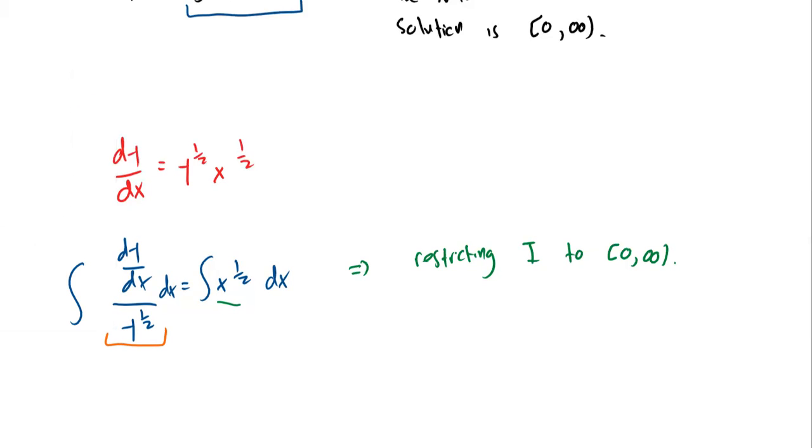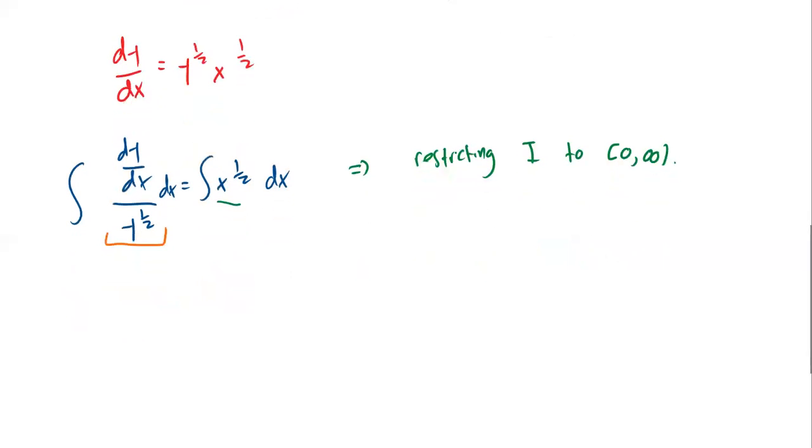I can't plug in 0 because I'd be dividing by 0, and I can't plug in negative numbers, because I can't take the square root of a negative number in the real numbers. So here I have an asterisk, where I have this condition: the range of my functions has to be y greater than 0. I'm going to leave that as an asterisk, and I'm going to talk about that later.